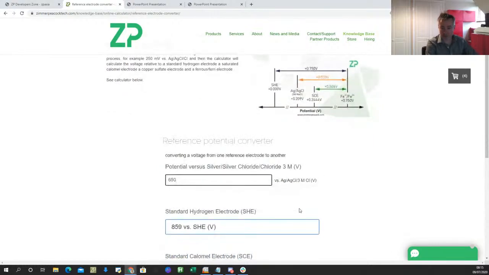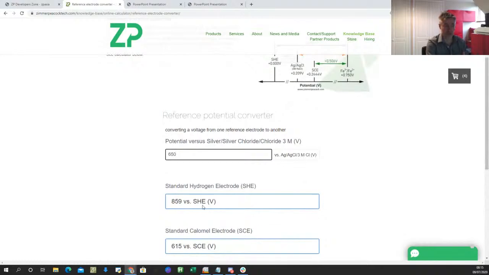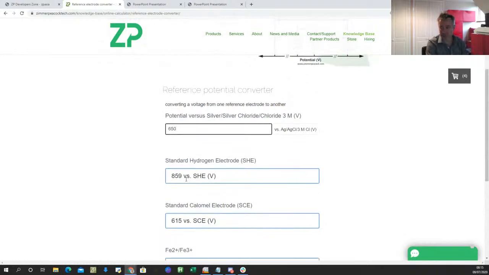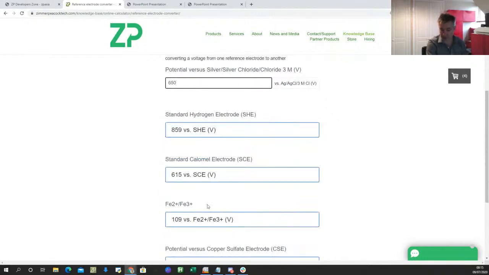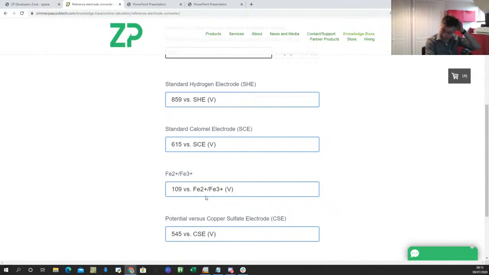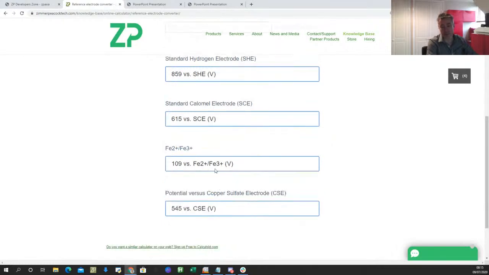That means that, if he wanted to convert to different reference electrodes, this is millivolts here: 859 millivolts versus saturated hydrogen electrode, 615 millivolts versus saturated calomel, 109 millivolts versus the Fe2 plus, Fe3 plus electrode. And then there's another one here, the copper sulfate electrode, which does sometimes get used. That's 545 millivolts versus the copper sulfate electrode.